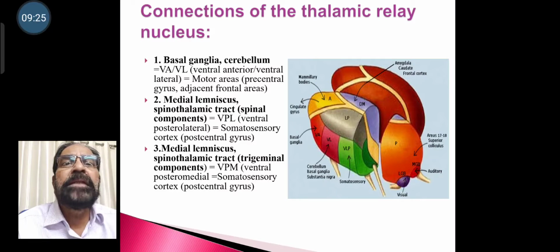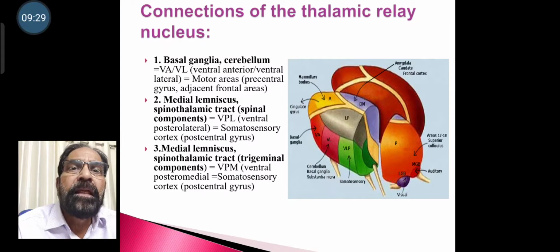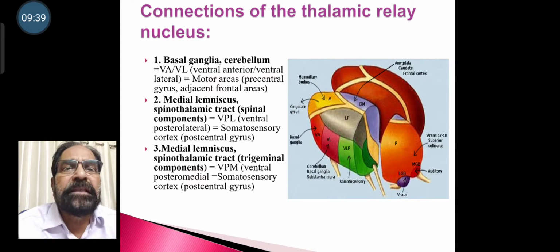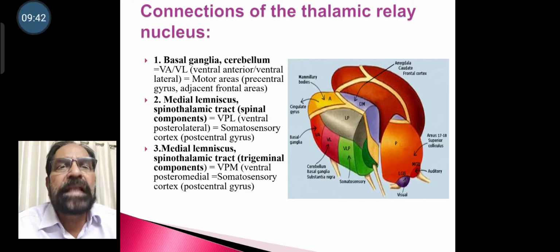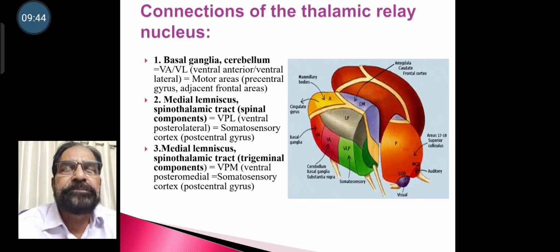Then we have medial lemniscus and spinal lemniscus. Their nucleus is VPL, ventral posterior lateral, and they will be relaying the information to postcentral gyrus, that is somatosensory cortex.